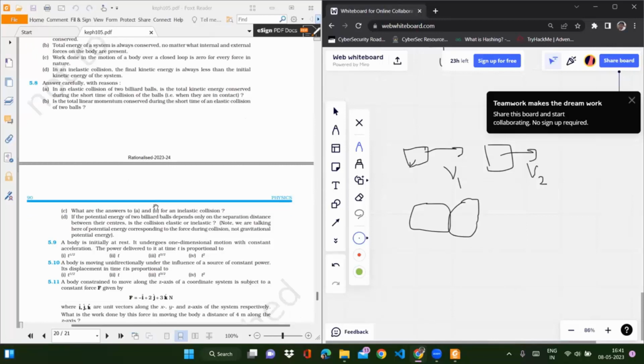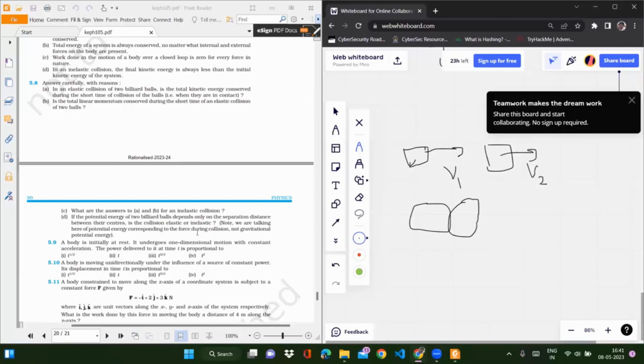In the case of inelastic collision, the linear momentum, as I said, for any collision, will be conserved for any time interval. But in inelastic collision, the final kinetic energy and the initial total kinetic energy are not equal. There is some loss in the kinetic energy or the total energy. So in this case, the first answer will be no.